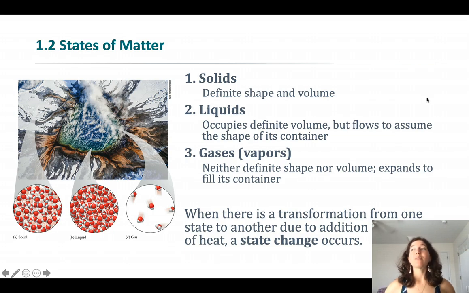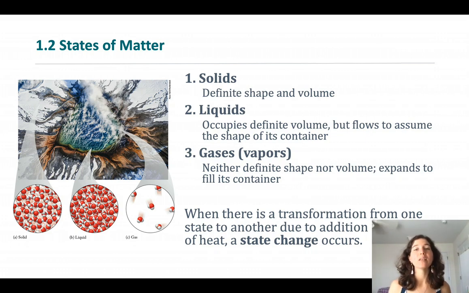So let's talk about the different states of matter. We've got 3 that we're going to discuss in this class. There's another one called plasma, which we are not going to talk about. We're just going to talk about these 3. The first one is a solid, which is something that has a definite shape and volume. So something like this pen here, this is solid. It has a definite shape and volume.